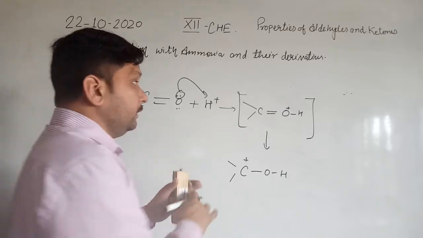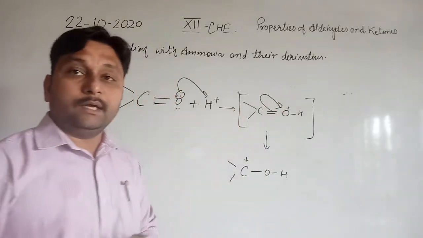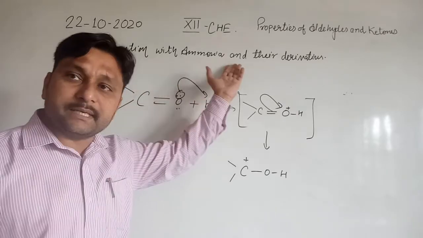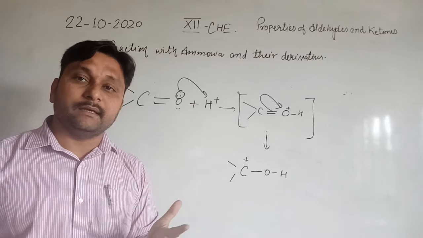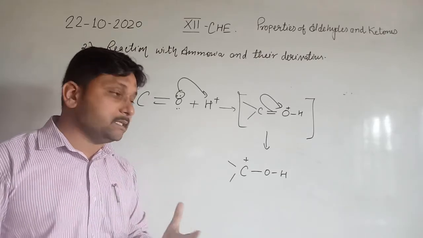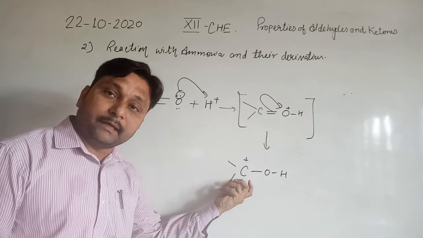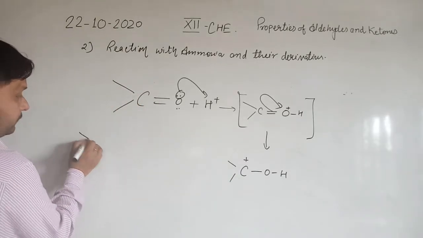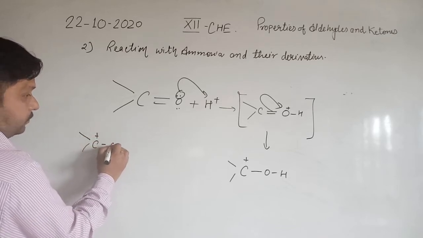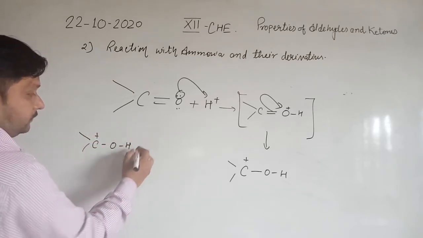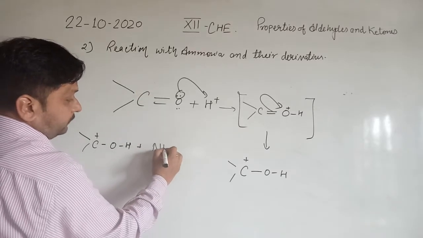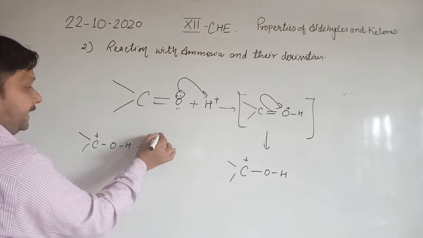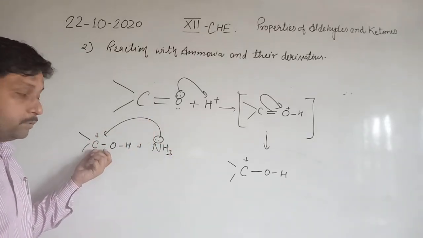Clear? Okay. Now easily, these weak bases, ammonia and its derivatives, are all weak bases. Clear? So easily these weak bases attack this carbon atom. See here, C positive, O bond H, like that ammonia and ammonia derivatives. The lone pair will attack this position.